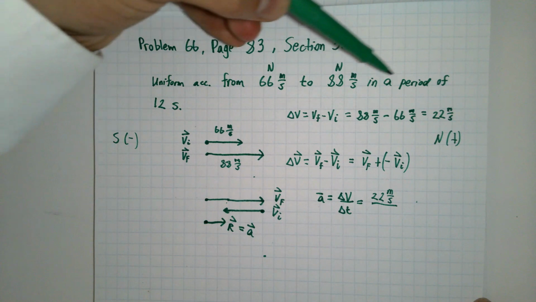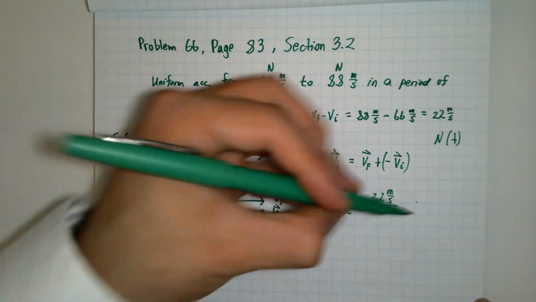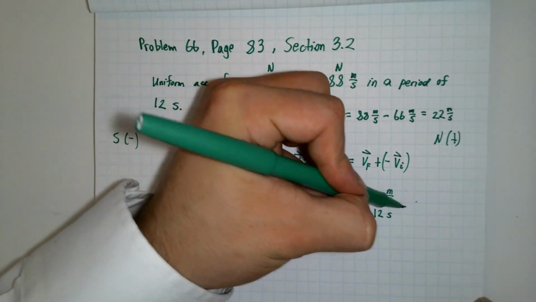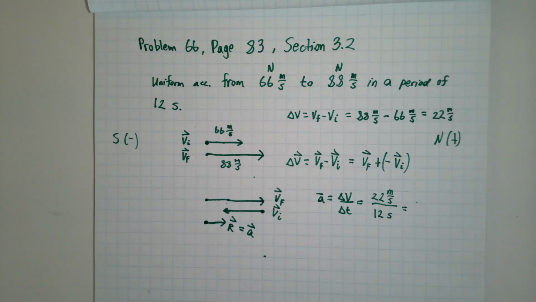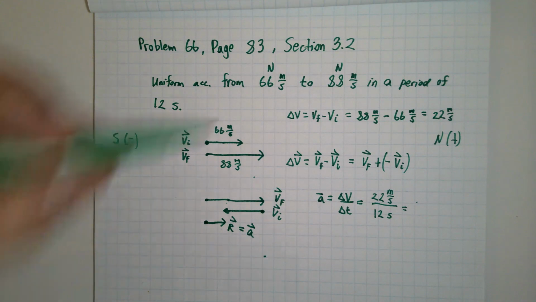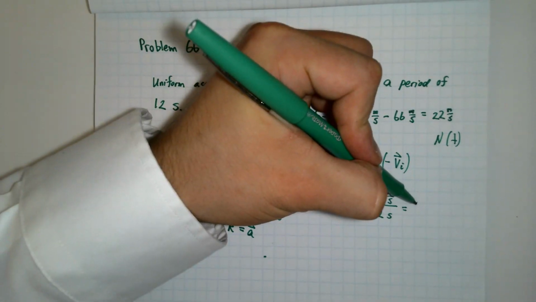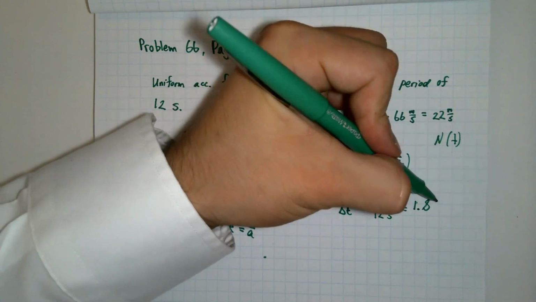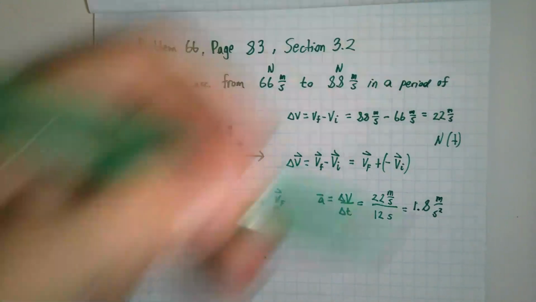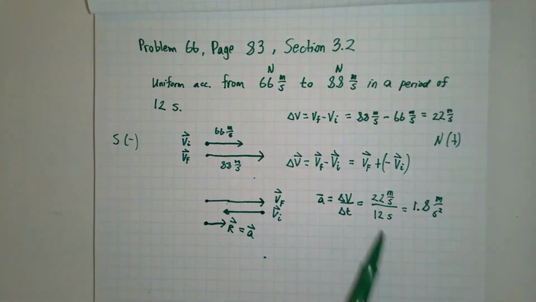Our problem tells us it happened in a period of 12 seconds. So divided by 12 seconds. 22 meters per second divided by 12 seconds gives us 1.83 meters per second squared as our average acceleration over that 12-second period of time.